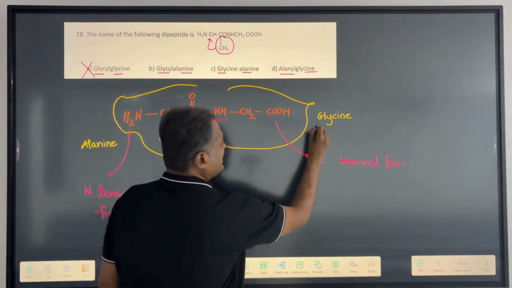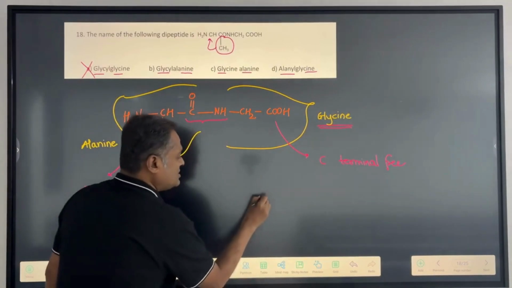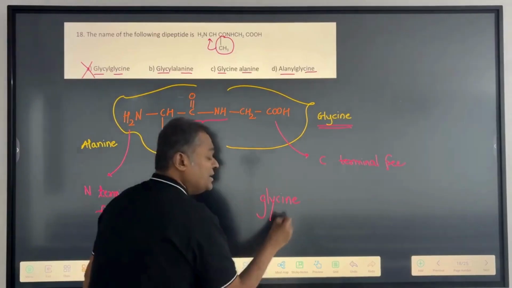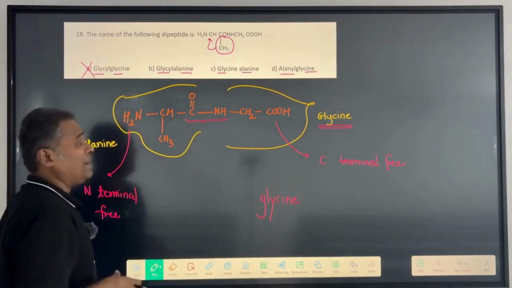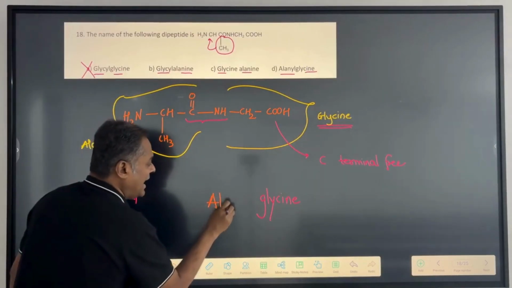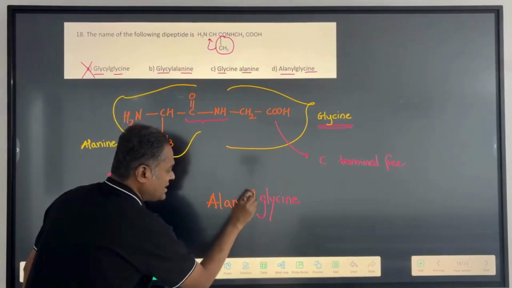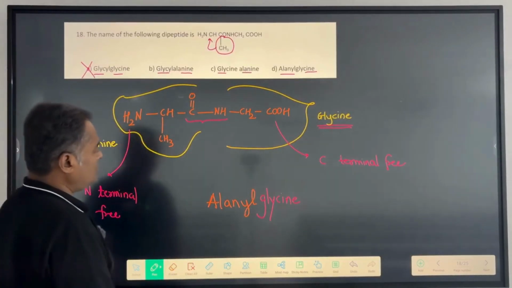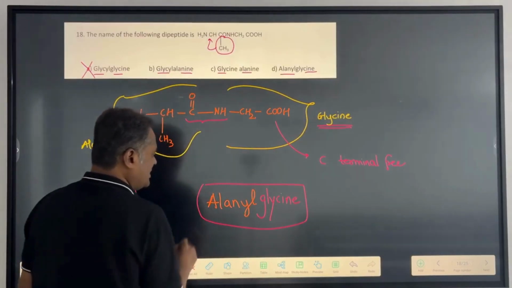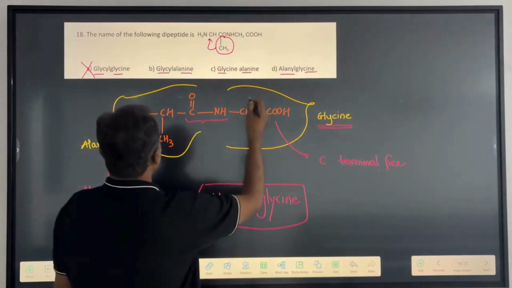Glycine contains a carboxylic acid. That means glycine will be the parent name, and the other alpha amino acid will have a prefix name, alanyl, as a side chain. So the correct answer for us is alanyl glycine.